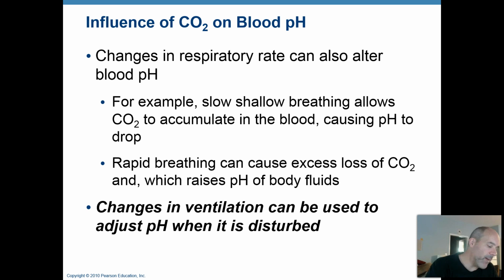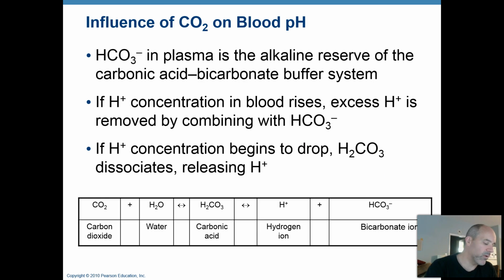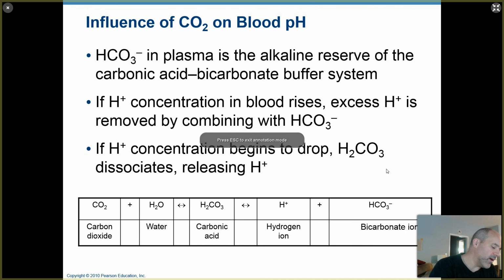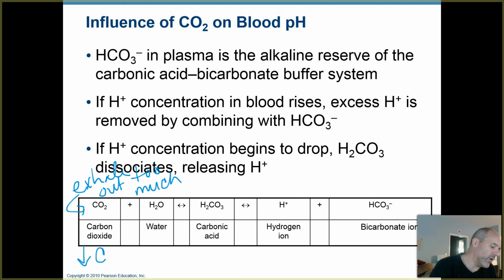On the flip side, rapid breathing can cause an excessive loss of CO2. So if we go back and look at our chemical equation over here, if you exhale too much CO2, that means your CO2 levels are too low. Remember we said if you have excess CO2, it tends to drive that reaction in that direction.